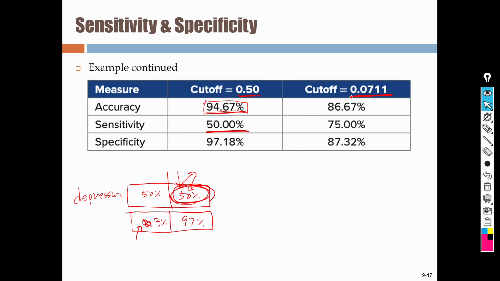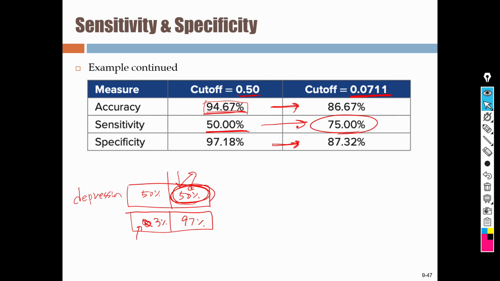It's like 7%. You only predict depression whenever the probability is higher than 7%. You lower the accuracy, you lower the specificity, but you don't lose a lot. Actually, you lose a little bit here and a little bit here, but your sensitivity increases significantly. So you can try and error and find out what the best cutoff is here.